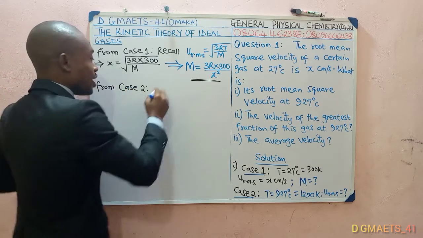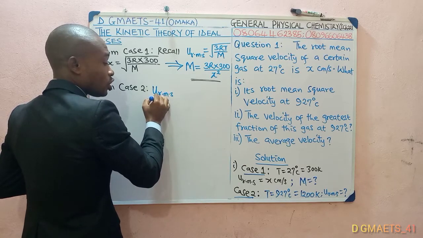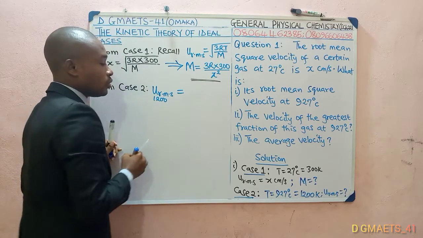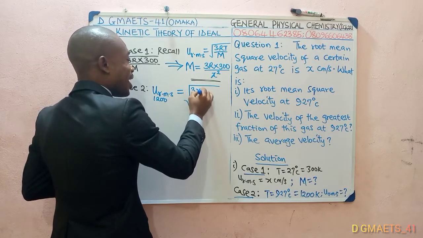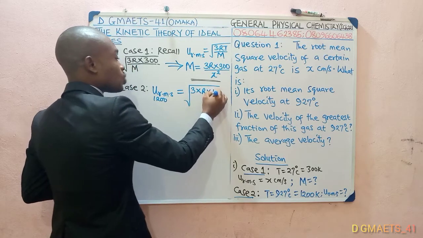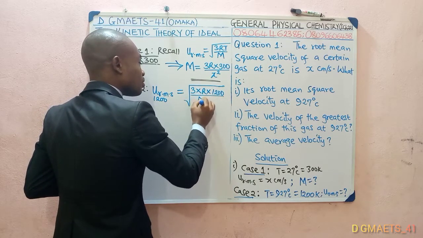again we are going to write that the root mean square velocity at the temperature 1200, which we don't know, will now be equal to, you know the formula is going to be the square root of 3 times R times the temperature, which is 1200, divided by the molecular weight.